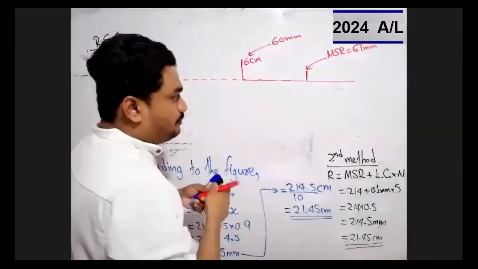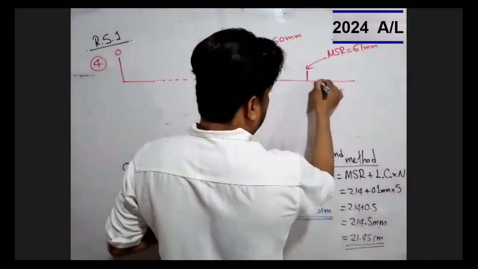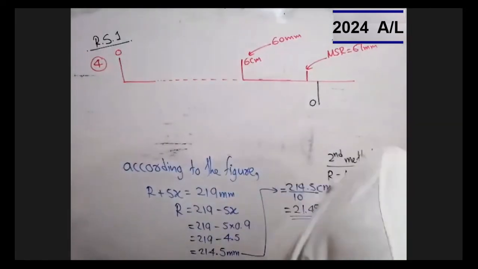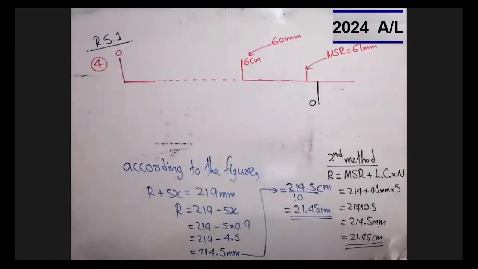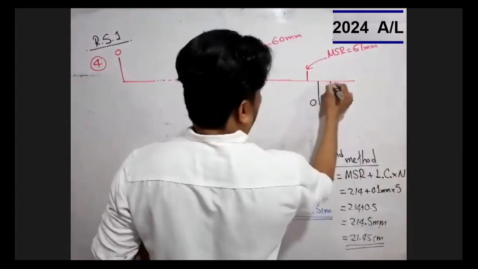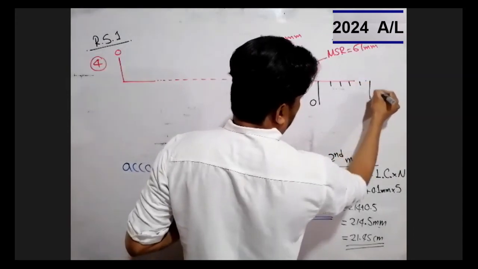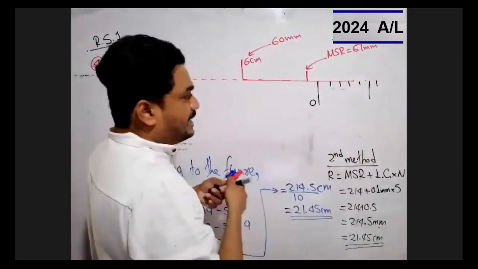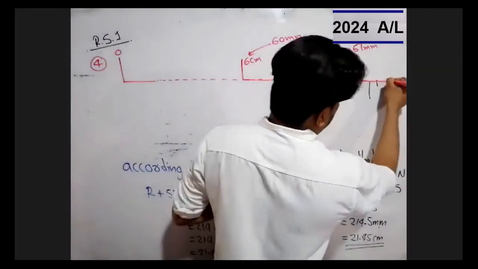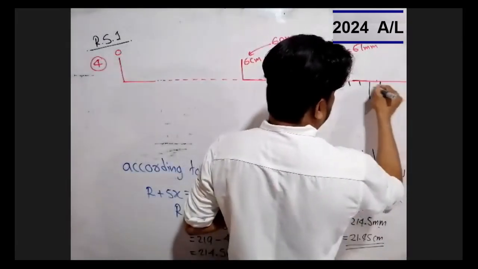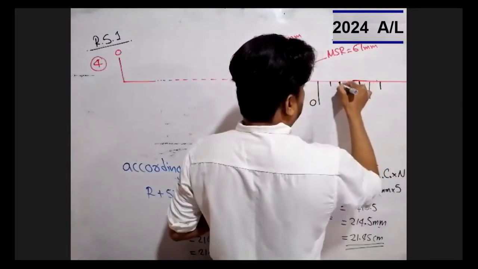After that, there will be the vernier scale 0 line. The coinciding vernier number is 1, 2, 3, 4, 5, 6. Am I right here? Please tell me whether I am correct or wrong. Is the coinciding number 6? Yes, sir.